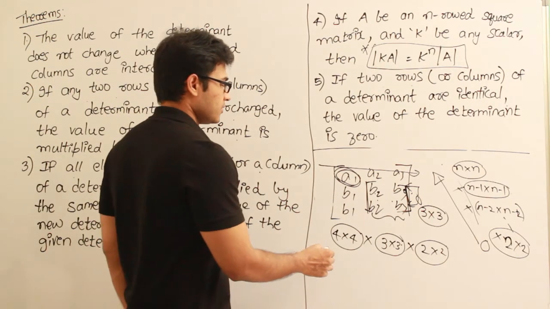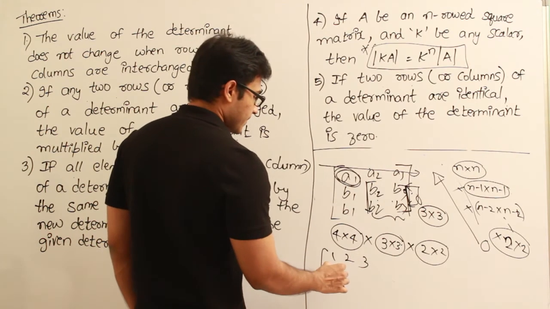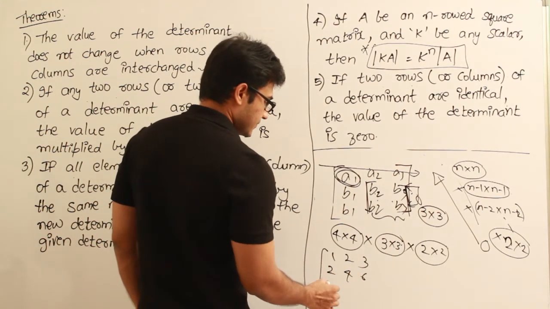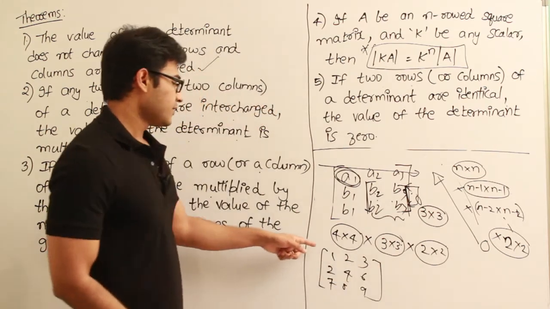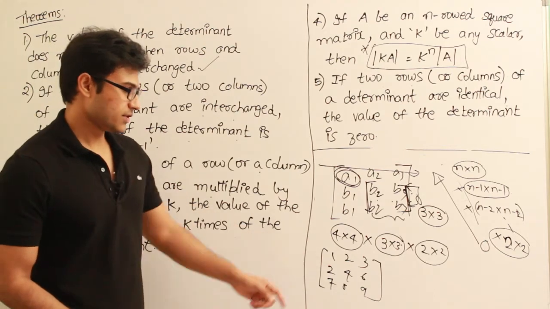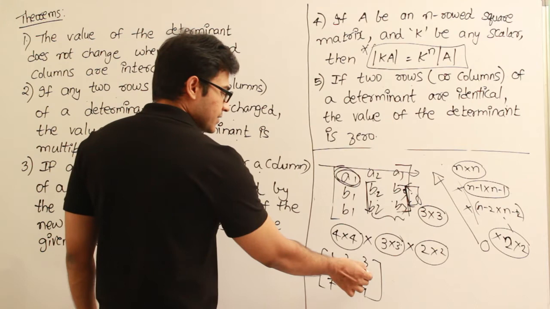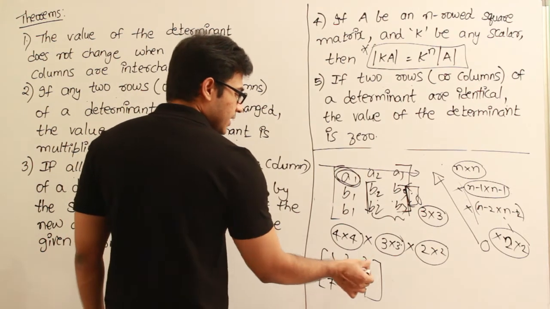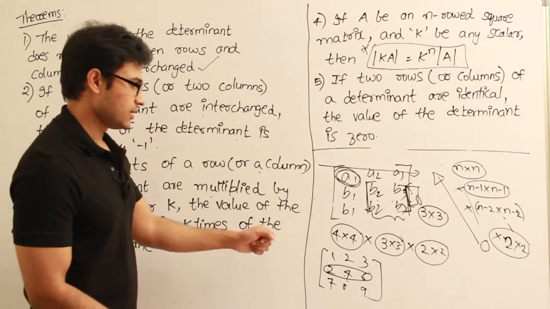Or you can just see this here. If I have 1, 2, 3, and then 2, 4, 6, and then some 7, 8, 9, something like this. Here, the first row and second row are not actually identical, but you can write the second row as 1, 2, 3 multiplied with 2, isn't it?